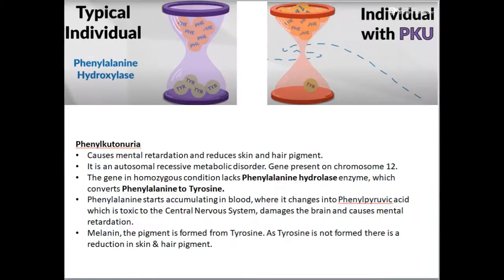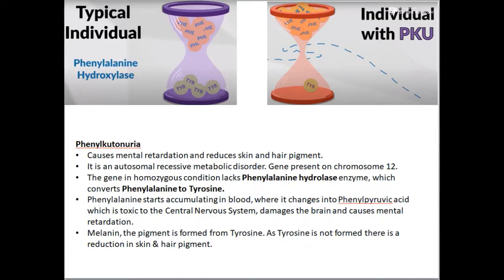Now, another example which we have is phenylketonuria. In the case of a normal individual, phenylalanine is an amino acid. That amino acid will be converted into another amino acid called tyrosine using an enzyme called phenylalanine hydroxylase.